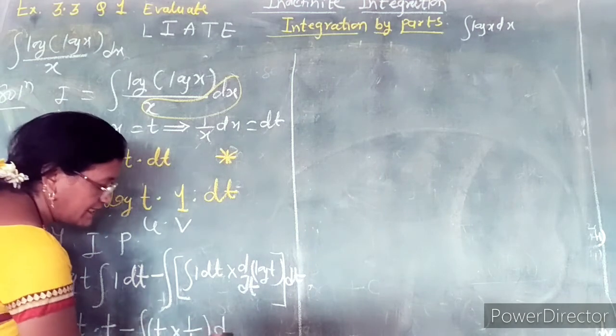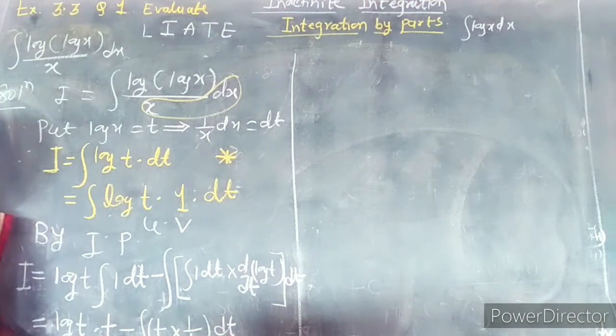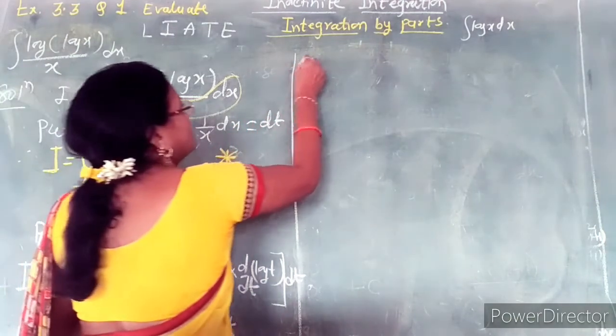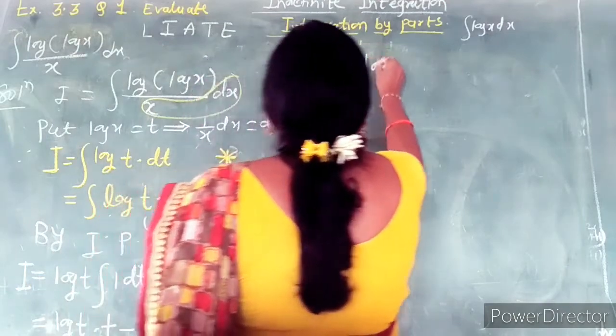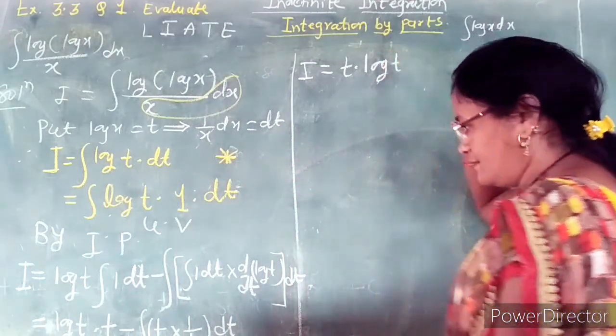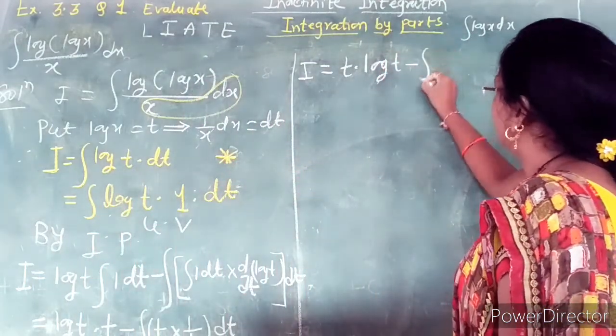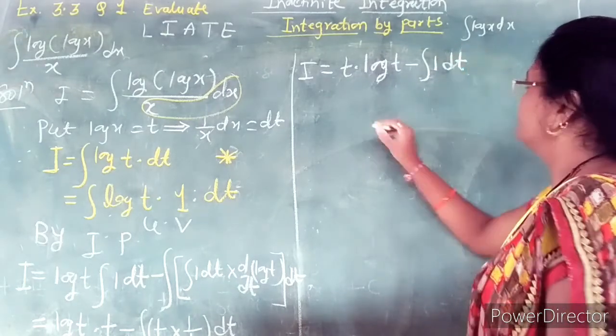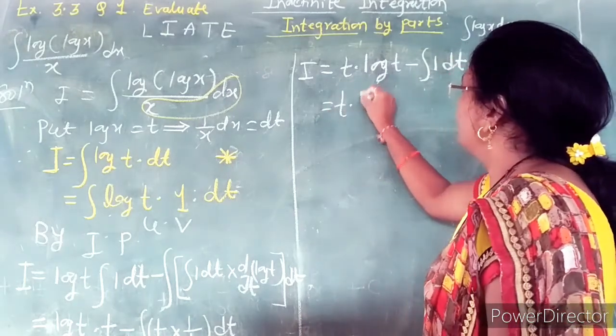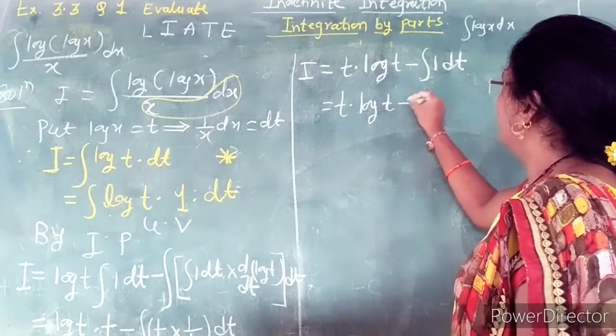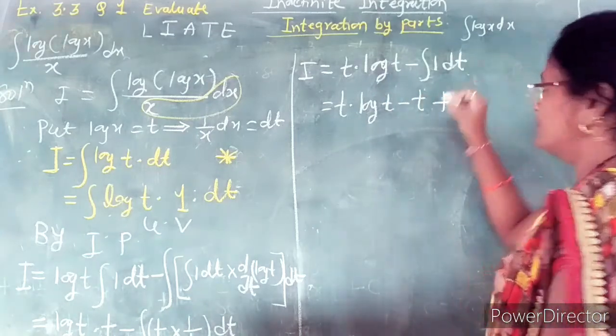This product becomes 1, and we get t times log t minus the integral of 1 with respect to t. So we get t log t minus t plus c.